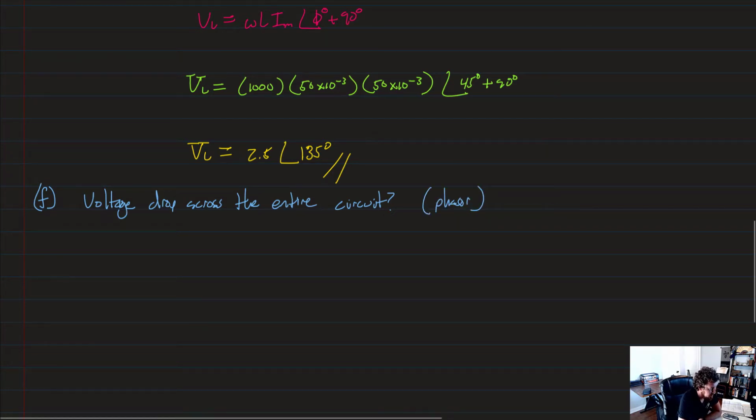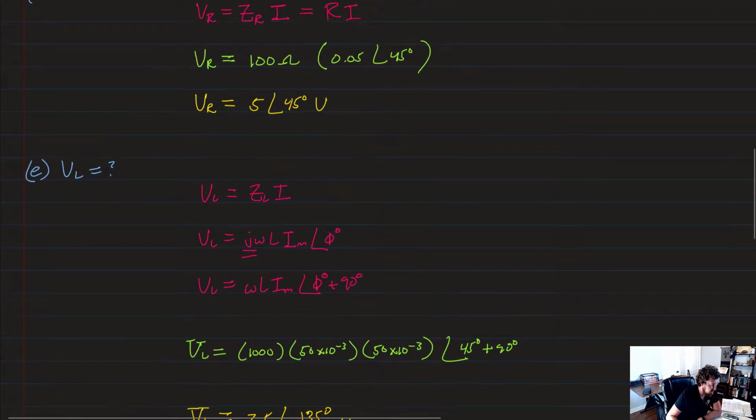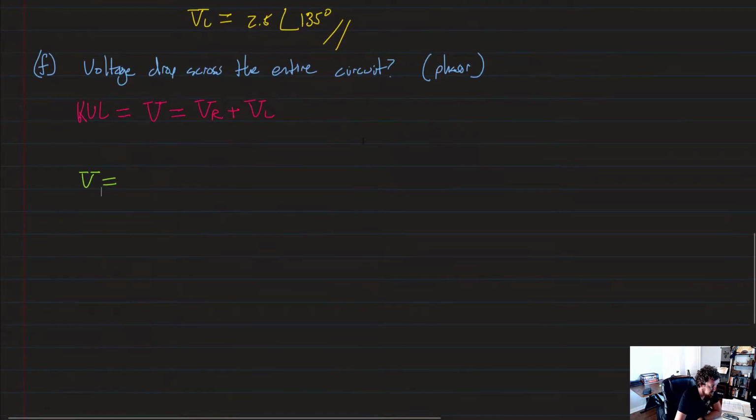So as a phasor, remember KVL means we just add them all up. So V is equal to VR plus VL. So we'll say that our phasor V is equal to, what did we get for VR? 5 at 45 degrees.